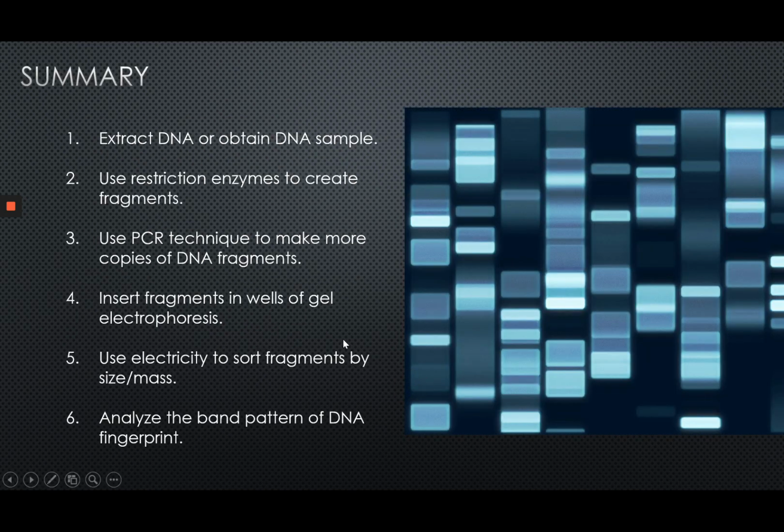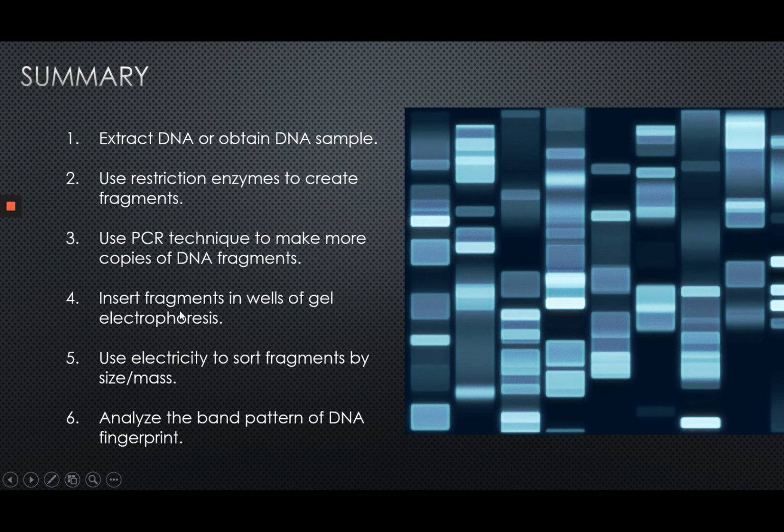So to summarize, basically you need to find a DNA sample. Most DNA samples that you can find are blood samples, semen samples, skin samples, hair samples, saliva samples. Wherever that sample is taken, we use restriction enzymes to cut it into fragments. We use the PCR technique to make more copies of that fragment.